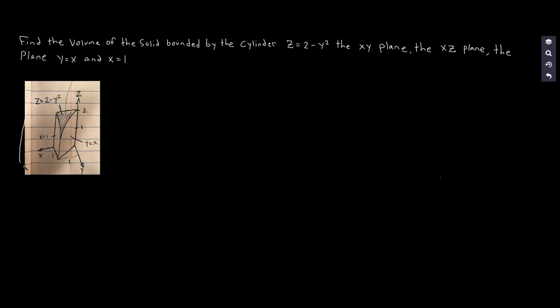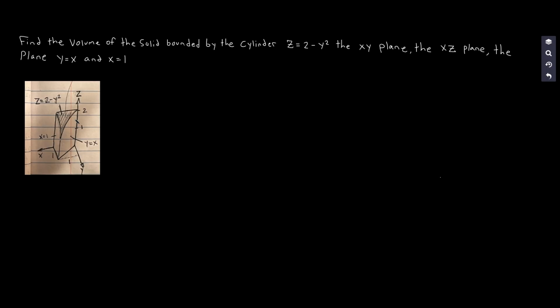Here is my notebook version of this. So this question says to find the volume of the solid bounded by the cylinder z equals 2 minus y squared, the xy plane, the xz plane, the plane y equals x, and x equals 1. So this is a slice of a cylinder.